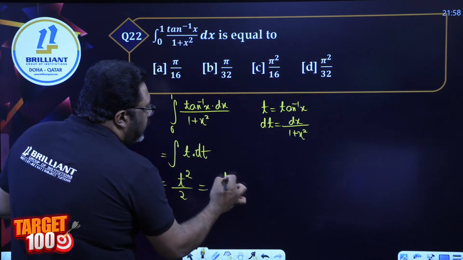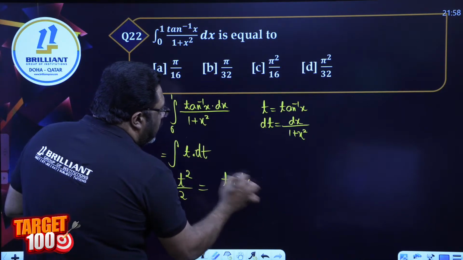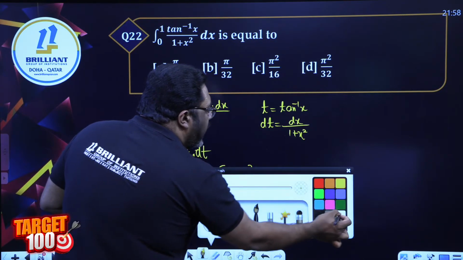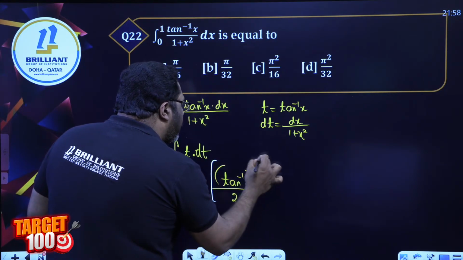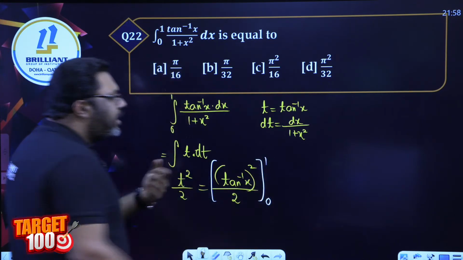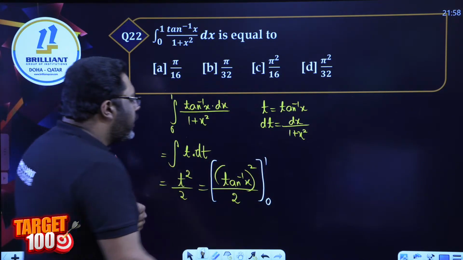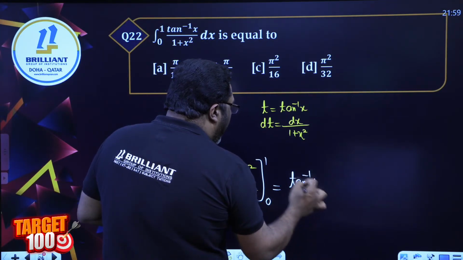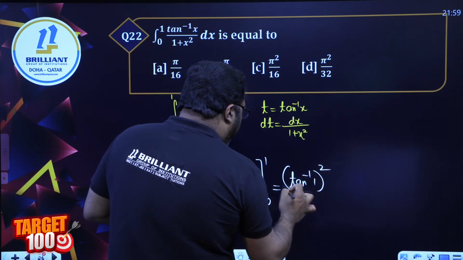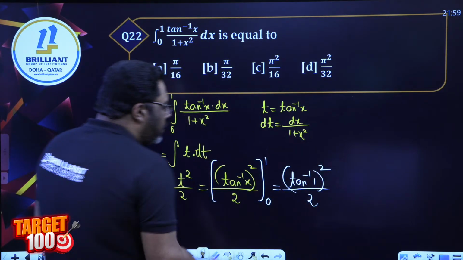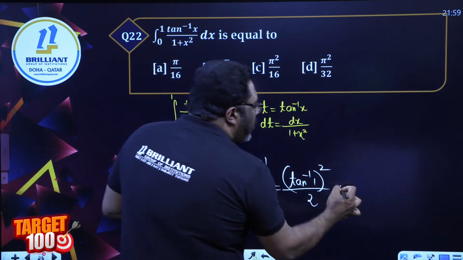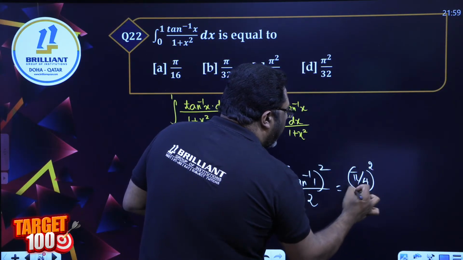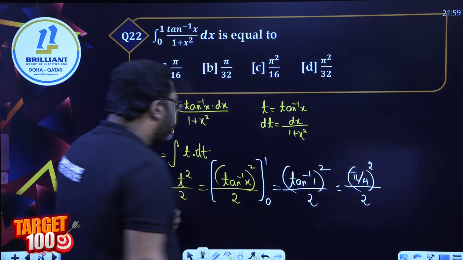which is tan inverse x the whole squared by 2, and apply the limits now as 0 to 1. I am not trying to change the limits here. It's not a complicated expression to change the limits. So it's going to be tan inverse 1 whole squared by 2. 0 no need because it's 0. Tan inverse 1 is pi by 4, squared by 2.